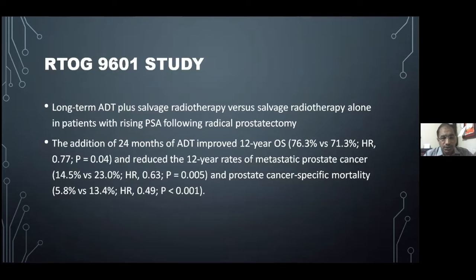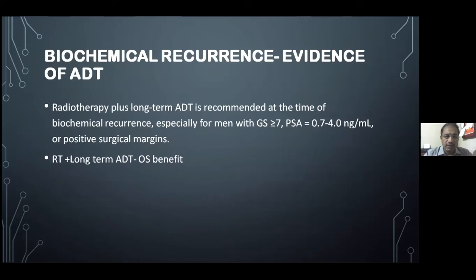So we follow the patient, and if the PSA starts rising, what we can see here, the addition of 24 months of ADT improved 12-year overall survival, which was statistically significant, and reduced 12-year rate of metastatic prostate cancer in these patients, which was again statistically significant, and also prostate cancer specific mortality in these patients, highlighting the use of radiotherapy plus adjuvant hormonal therapy in the patients where there is a biochemical failure, and there is a potential role of hormonal therapy.